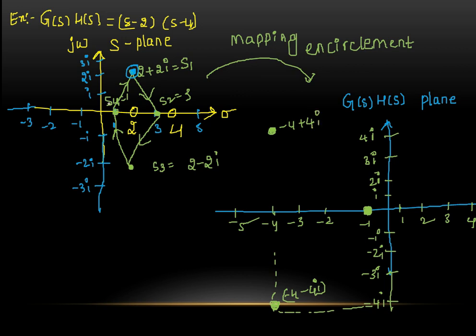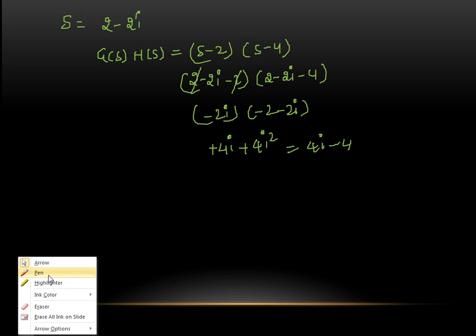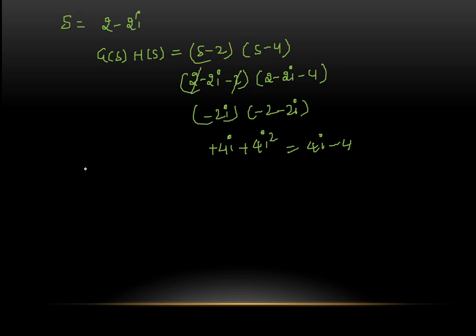Similarly, substitute the s4 value. If I substitute the s4 value in the given G(s)H(s) transfer function, the s4 value is 1. G(s)H(s) equals (s minus 2) multiplied with (s minus 4).